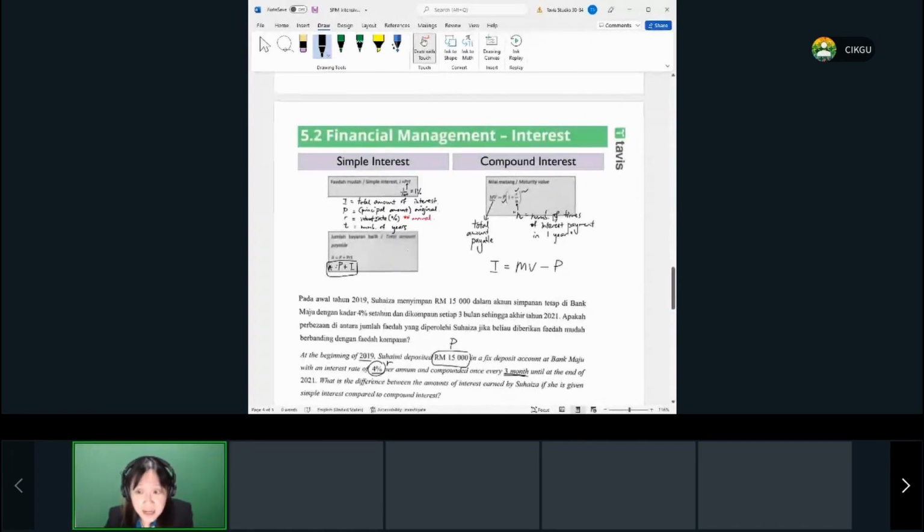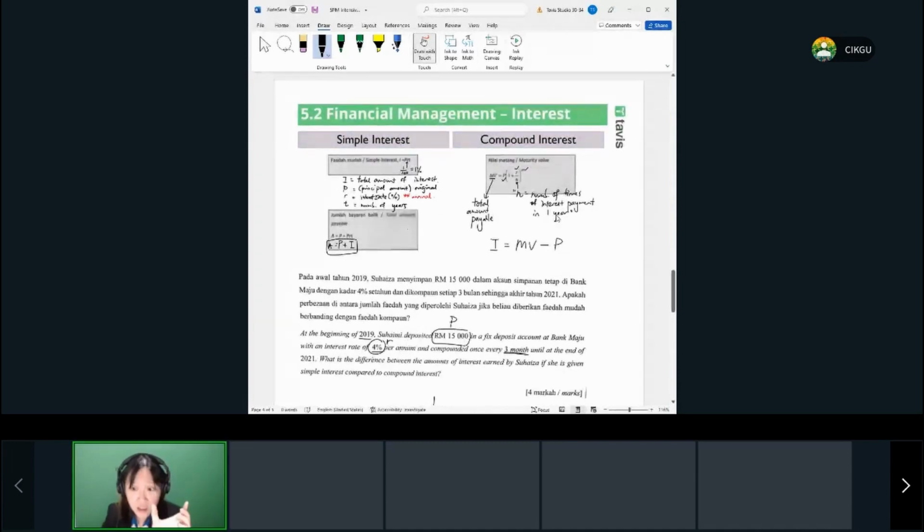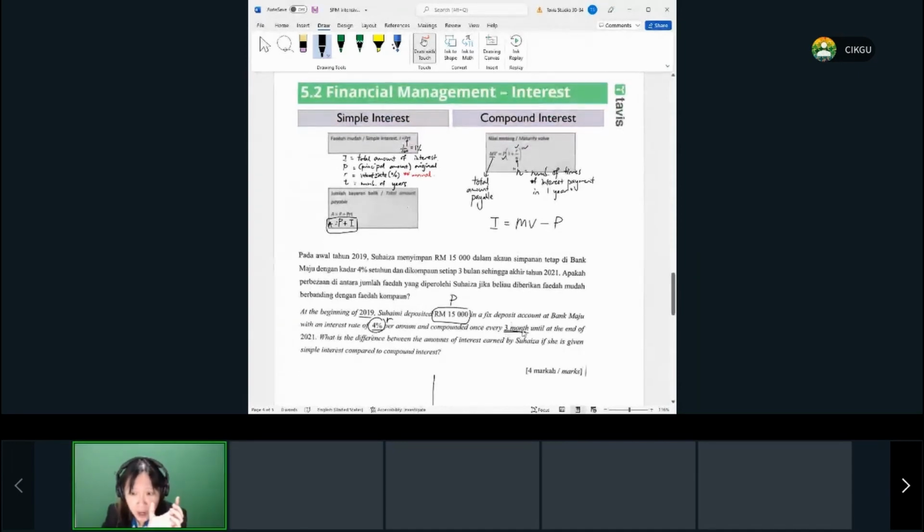It's the number of times you need to pay the interest within 1 year. If you compound every 3 months, that means you need to pay every 3 months. One year is 12 months, every 3 months means you need to pay 4 times. 12 divided by 3, you need to pay 4 times in a year.